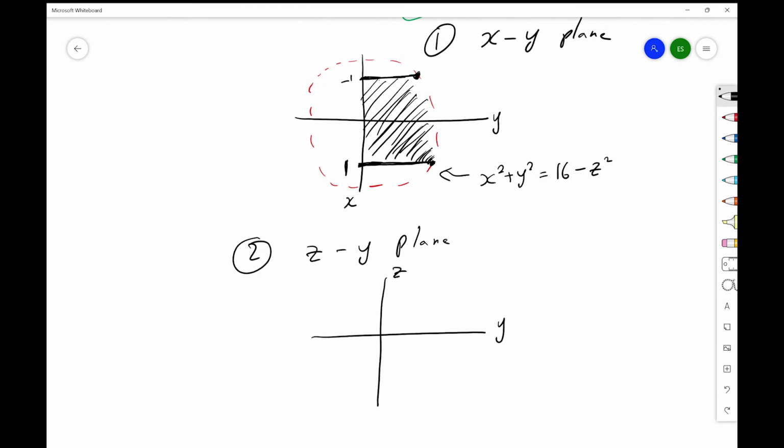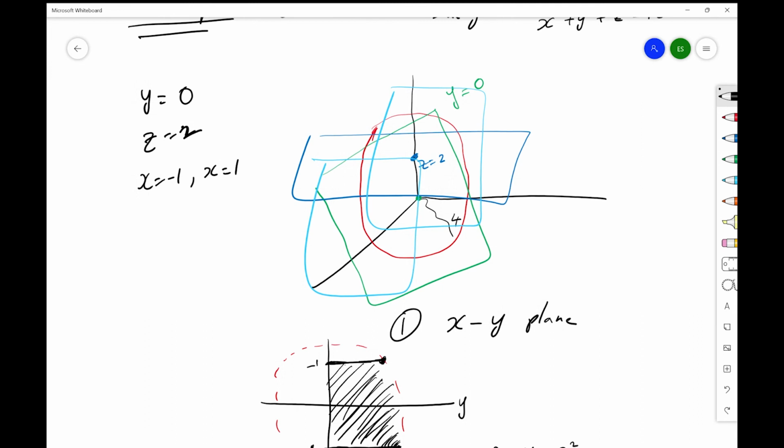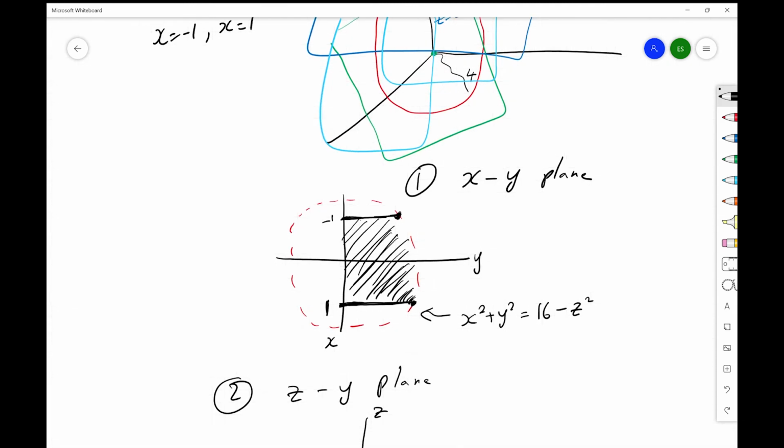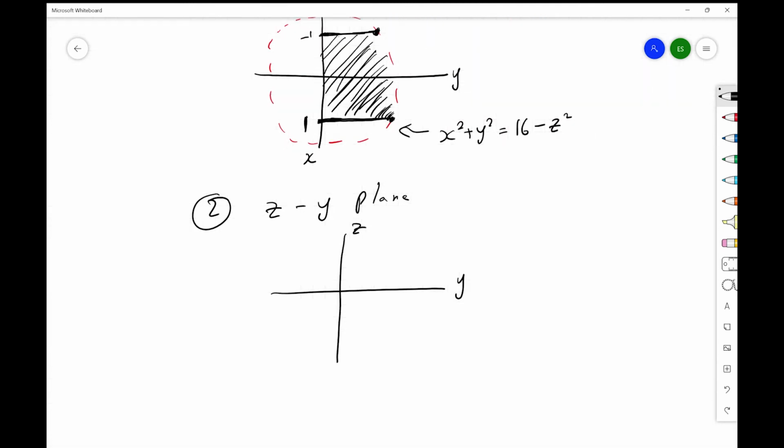What would the view look like? Well, it's also a sphere, right? A sphere is symmetrical. From whatever angle you look at, you'll see a sphere. So I see a slice of a sphere, but how wide the slice is going to depend on what x is, because x could be anything here.